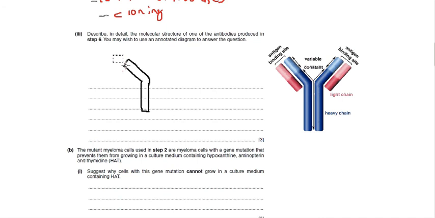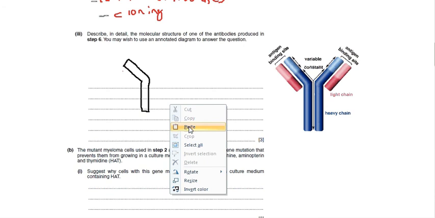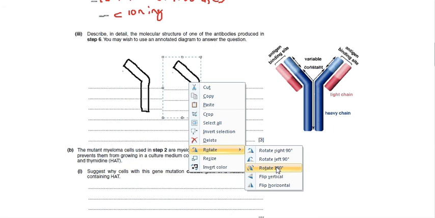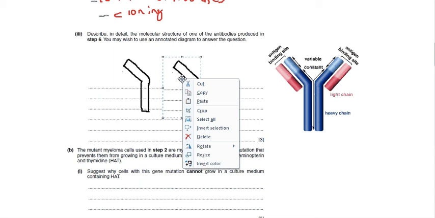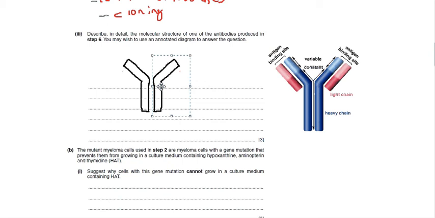Maybe I can just copy this and paste this. Paint is really fun to use actually. That's not the one I wanted. I wanted to flip horizontal, yeah. So we have the same exact structure, you see. Then we can have another structure over here, something like this.